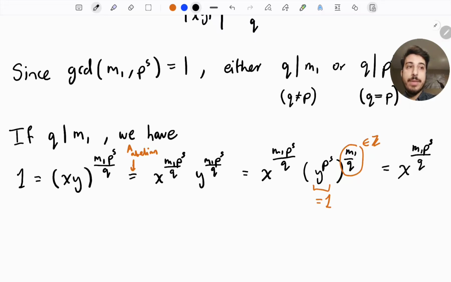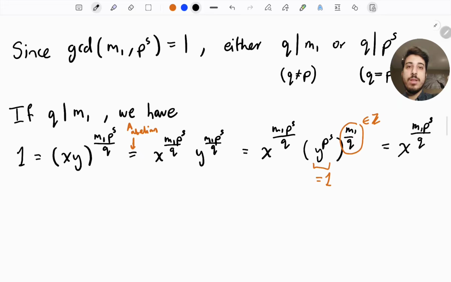Great. We now have that x to some power is equal to the identity. So by the definition of the order of an element, the order of x must divide m1 p to the s over q. But we already supposed the order of x to be equal to m1.